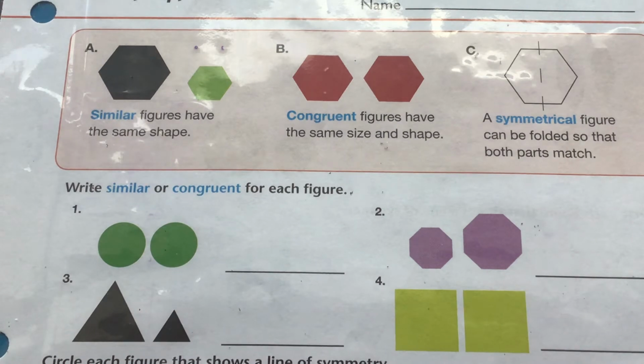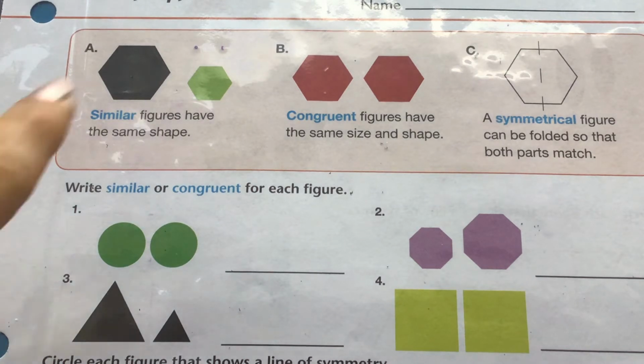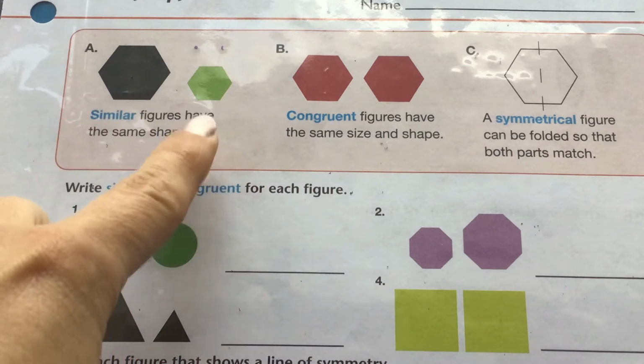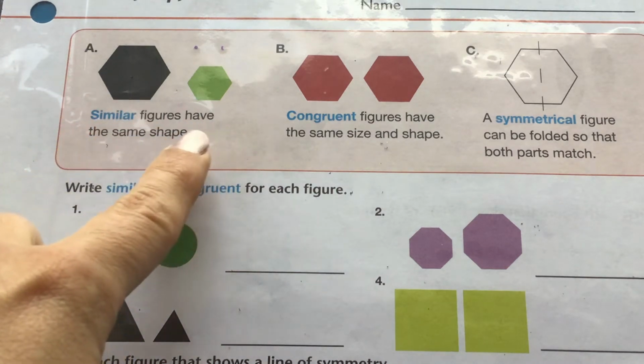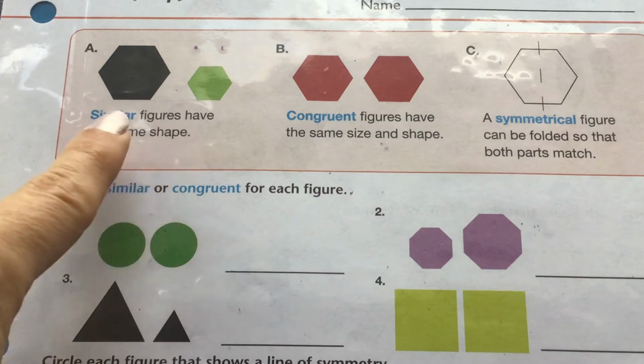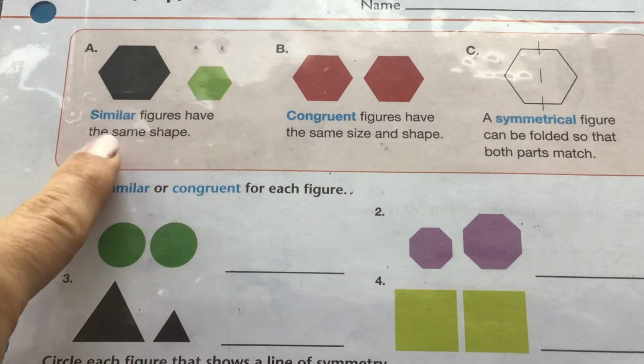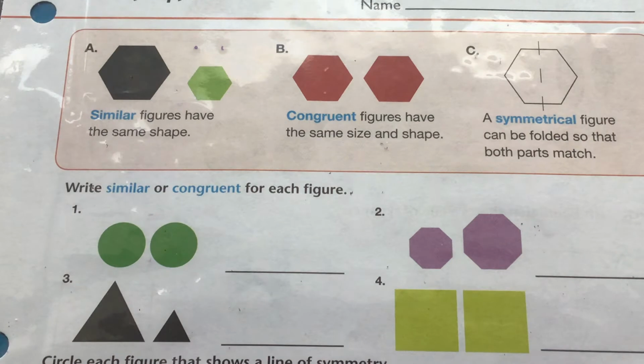Now, if we say that they're congruent, not only do they have the same shape, but they also have to be the same size. Whereas here we have one that is larger than the other. So they're similar, having the same shape, but because they don't have the same size, we can only describe them as similar. Whereas congruent means that not only do they have the same shape, they also have the same size.